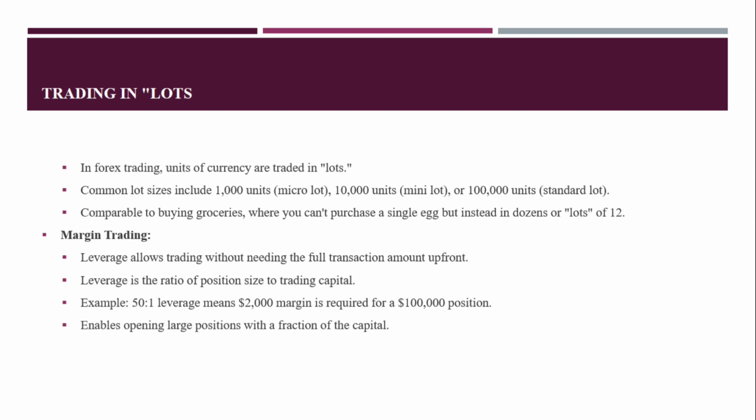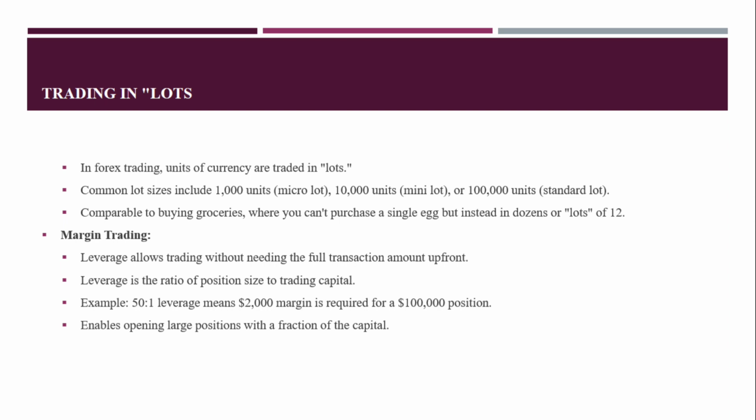For example, 50-to-1 leverage, also known as a 2% margin requirement, means $2,000 of margin is required to open a position size worth $100,000. Margin trading lets you open large position sizes using only a fraction of the capital you'd normally need. This is how you're able to open $1,250 or $50,000 positions with as little as $25 or $1,000 deposit capital in your account.